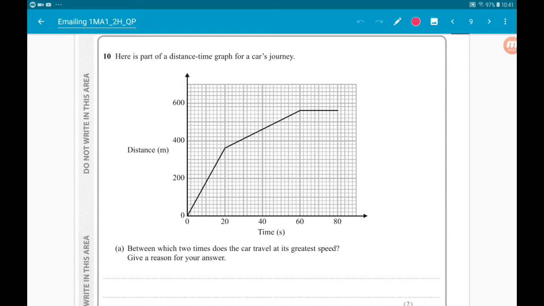Okay, so on the distance time graph, speed is gradient of the line. The reason being, speed is a rate of change of distance over time. Gradient is a rate of change. So, the steepest part of the graph is between 0 and 20 seconds.